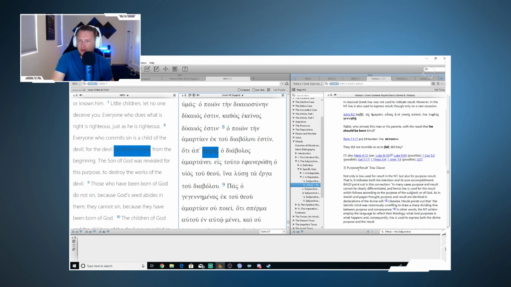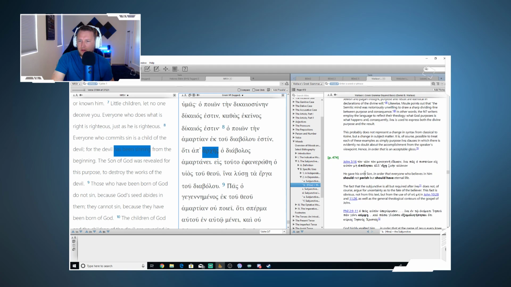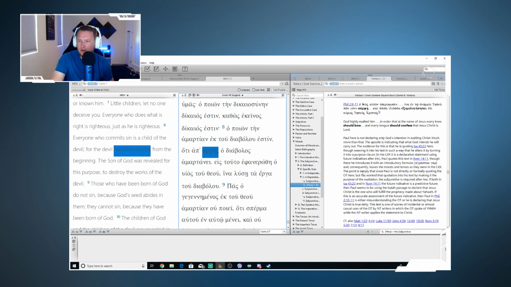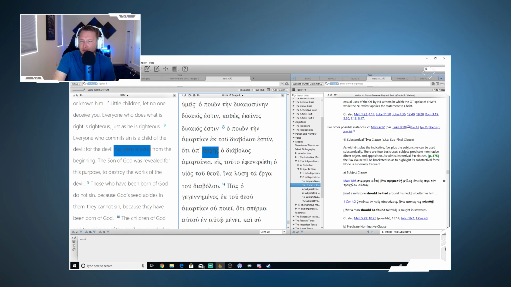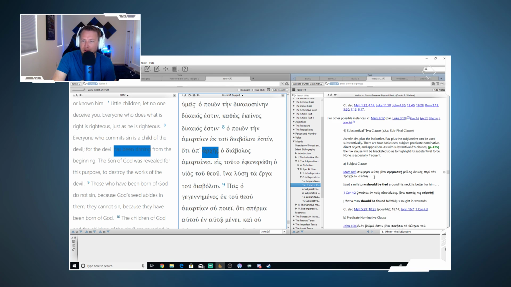Could be result. Purpose, result. Substantival. As with hoti plus the indicative, ina plus the subjunctive can be used substantively. There are four basic uses: subject, predicate nominative, direct object, and apposition. This is what I was just looking at. As with substantival hoti clauses, the ina clause will be bracketed so as to highlight its substantival force.